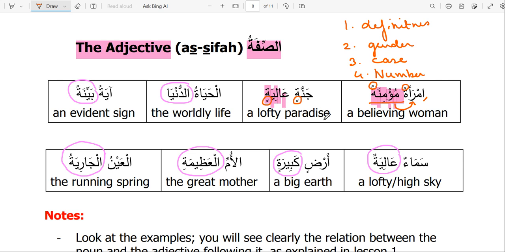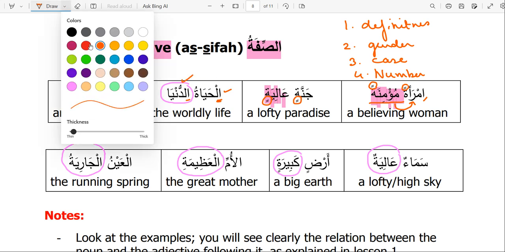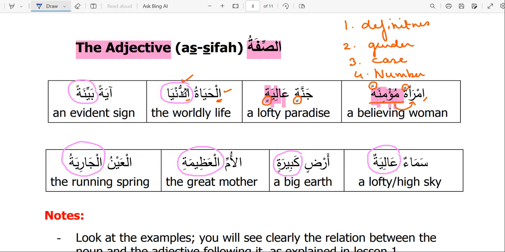Al hayatu ad dunya. Why am I reading separately? So that you can see that it has come with laam at taareef. So this is definite. This is also definite. Now there is one thing you should know here: the ta marbuta. You can see clearly here, there is no ta marbuta.